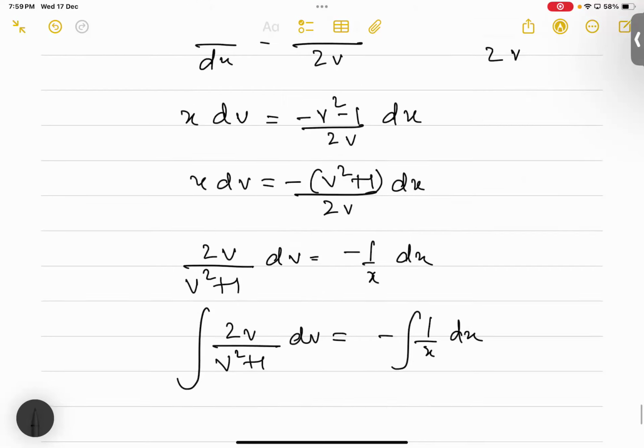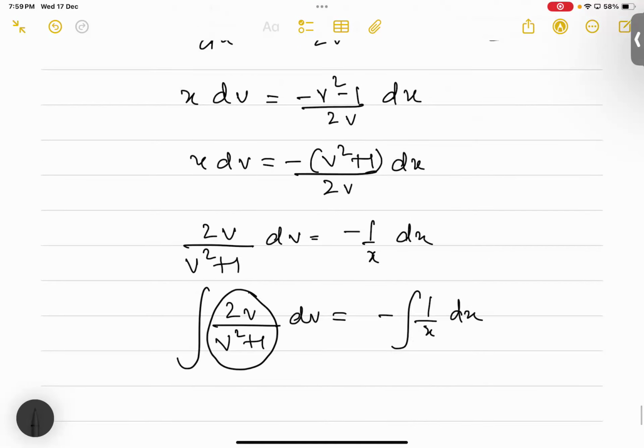Yes, Akshara. What is 2v upon v square plus 1? How to solve this? Ha. So this is f dash v upon f of v. Function and its derivative on top. What is the derivative of v square plus 1? 2v. It's on the top.